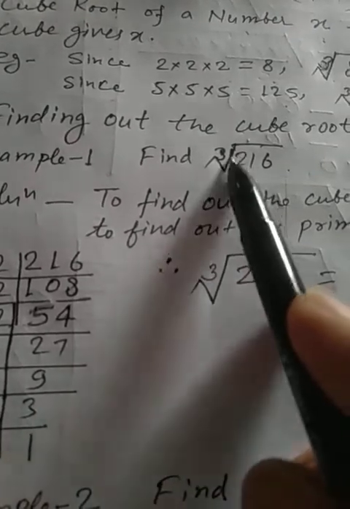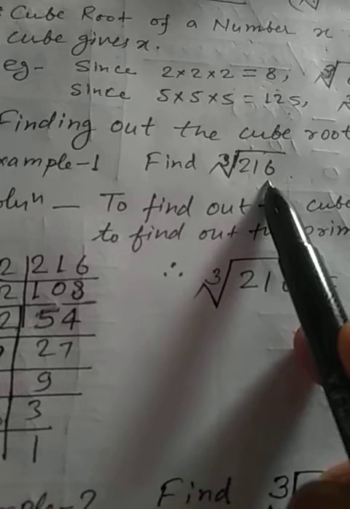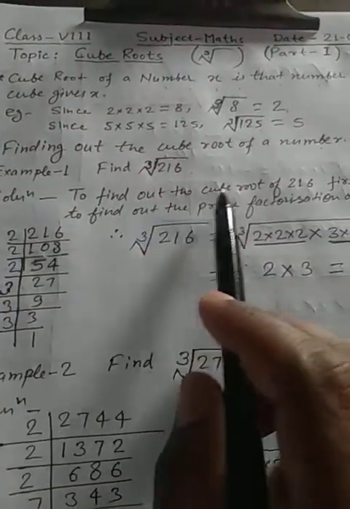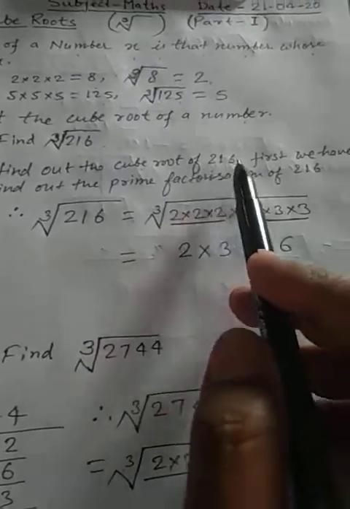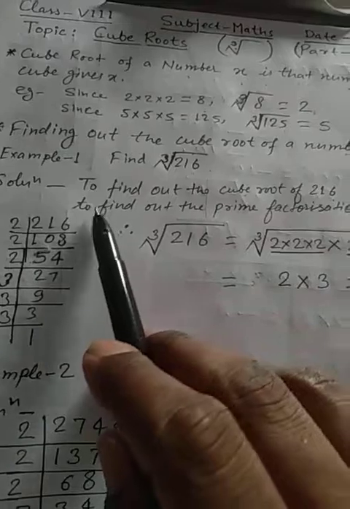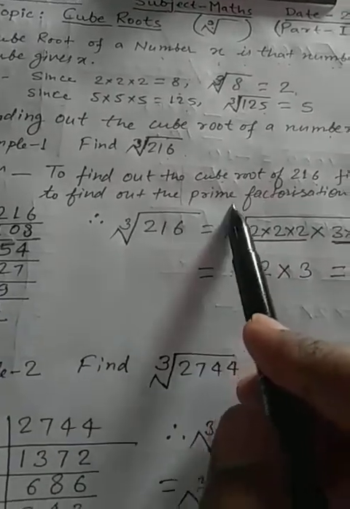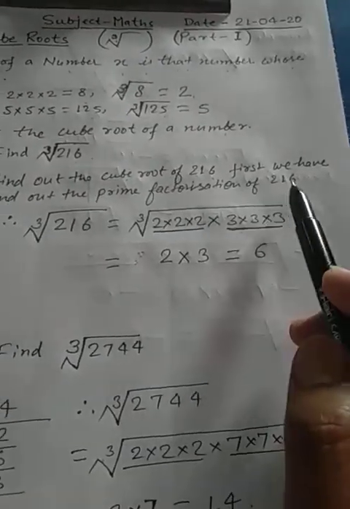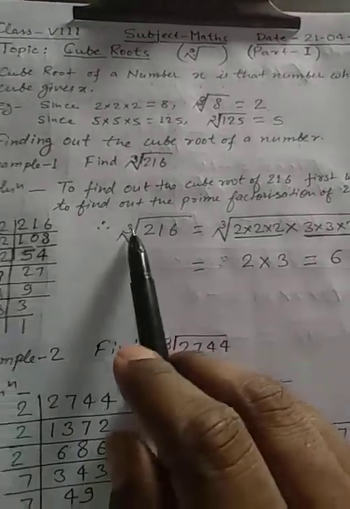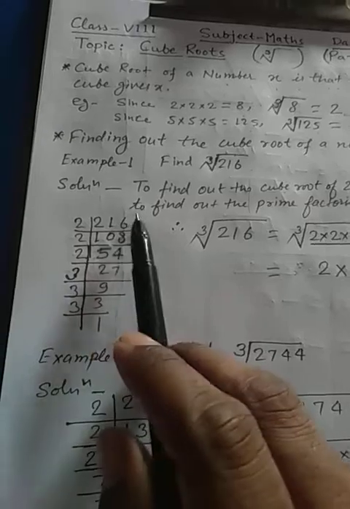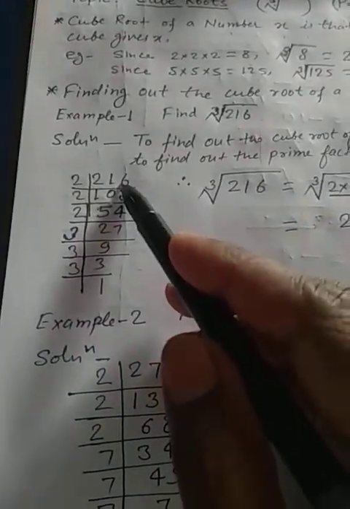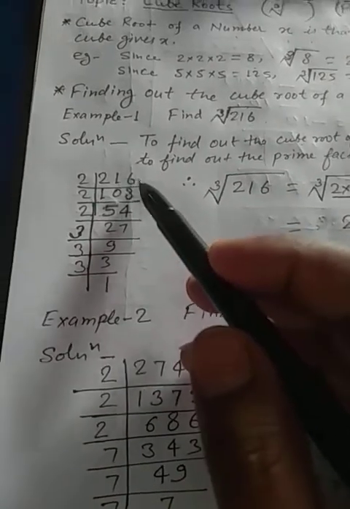In the solution, to find the cube root of 216, first we have to find the prime factorization of 216.